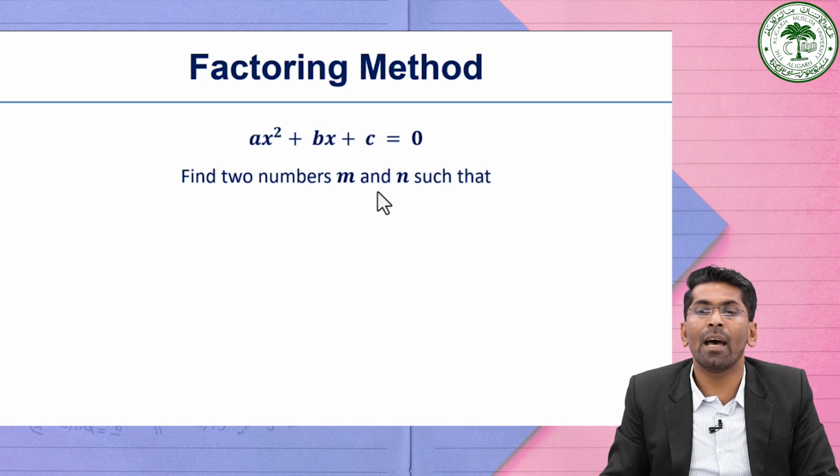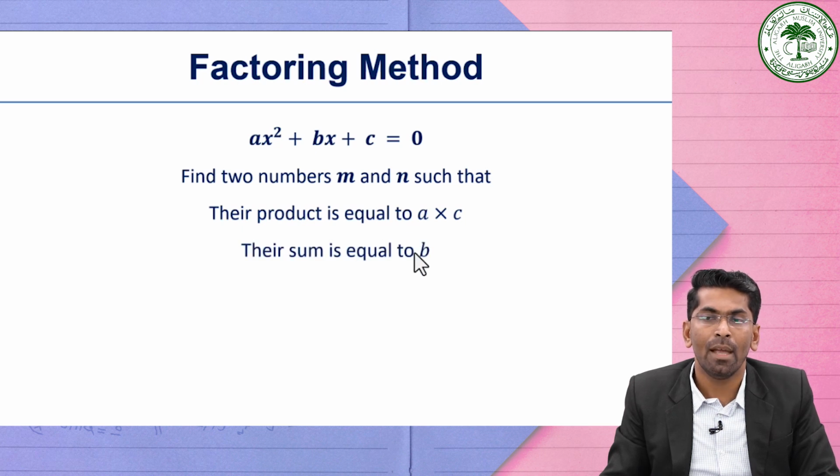These two numbers are such that their product is equal to a into c and their sum is equal to b. That means we identify two numbers m and n whose product is the coefficient of a times the coefficient of c, that is a into c, and at the same time their sum is equal to the coefficient of x, that is b.